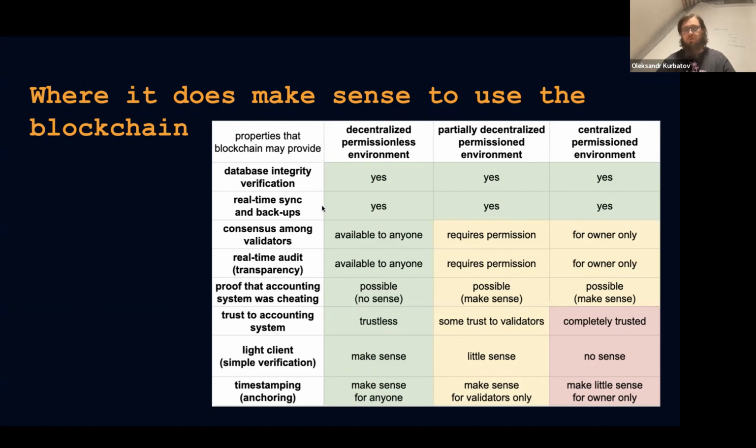This is also obvious in the decentralized environment, it just works out of the box, because in Bitcoin, you can't validate the history without your own replica, without your own backup of the full database. In a centralized environment, you can synchronize your backup instance with the main instance using blockchain technology. And it will be a real-time audit and real-time backup.